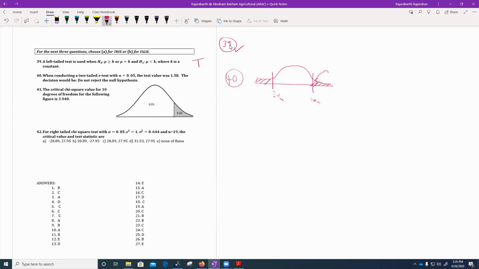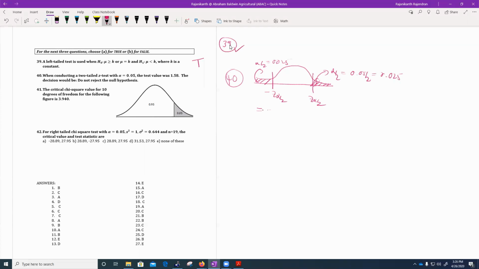My alpha is 0.05, so alpha over 2 is 0.05 over 2, which is 0.025. So this side also I have 0.025. Look at these, but they are not asking about the critical value, right? They are asking about our test value. But anyway, we will find the critical value as well.